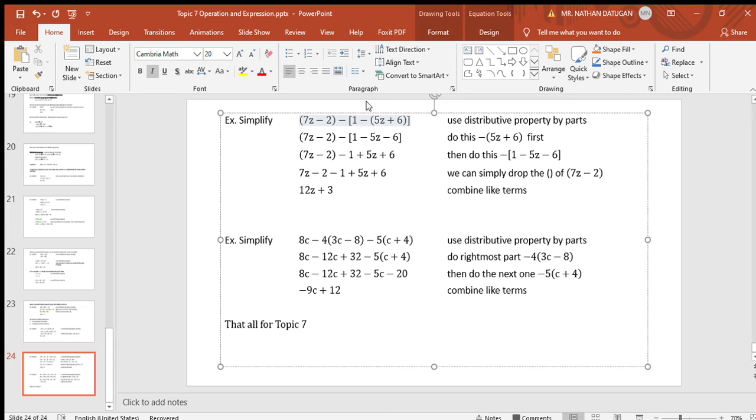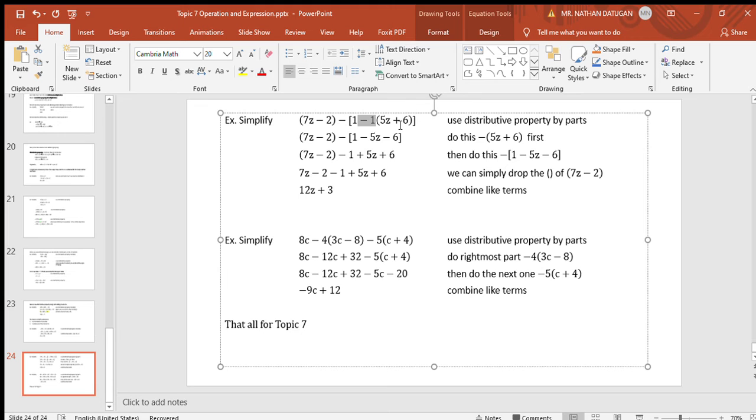So if you still don't remember that rule, simply add a negative 1 in the problem, and distribute the negative 1 to all the terms inside of this parentheses. So negative 1 times 5z will be negative 5z.